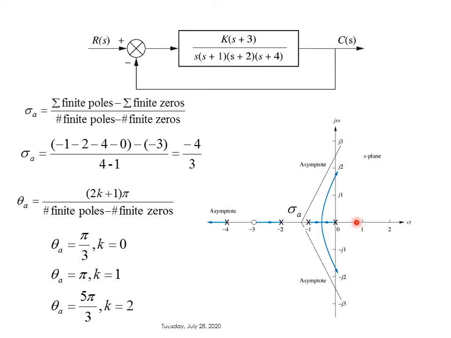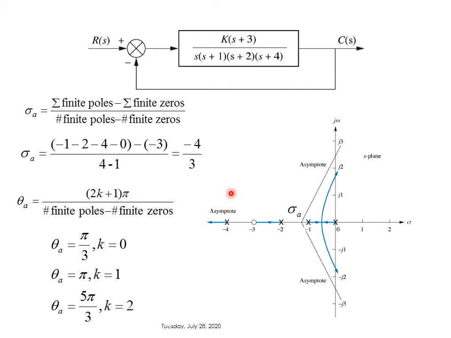I assume you know that angles are measured in reference to the sigma axis, starting with 0 angle at this axis and increasing. When you get here, it's 180 degrees. So pi over 3 is this direction, 180 degrees is this direction, and 5 pi over 3 is this direction, equal to minus pi over 3. These are the 3 asymptotic lines that you will trace.